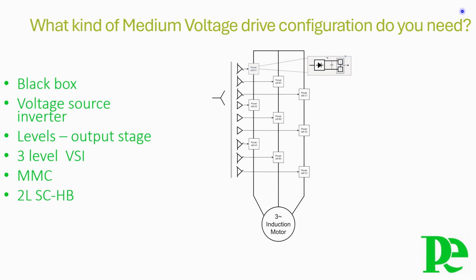What a mouthful. The multi-level cascaded H-Bridge cells topology adds up the output of multiple low voltage power cells to obtain medium voltage levels. Each power cell is a simplified version of a standard 2-level PWM low voltage converter.